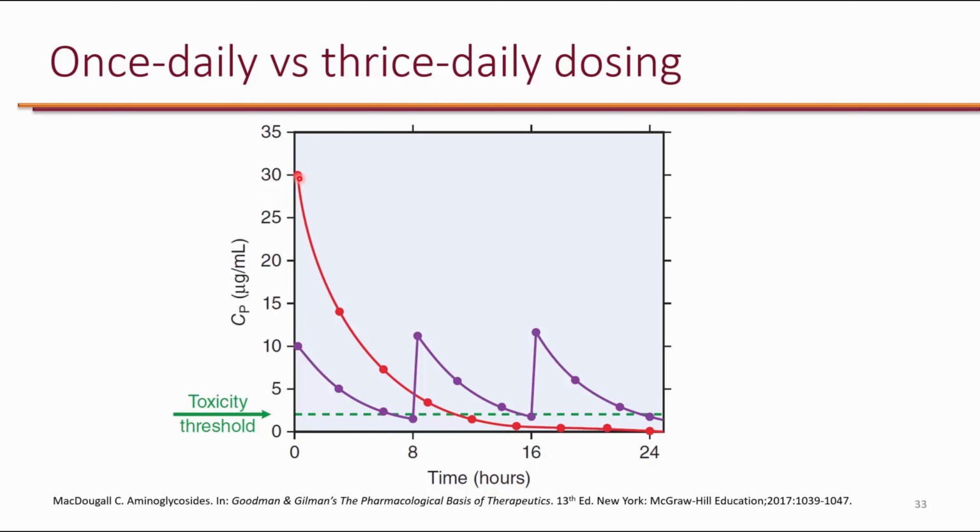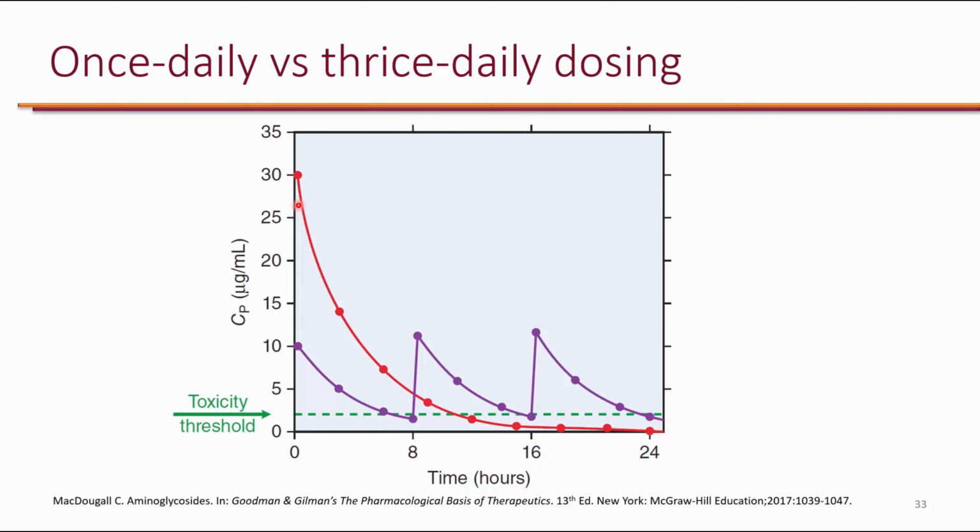So, when you have a very large peak, for sure you're gonna have your efficacy. And then because you only do it once a day, that's gonna give you 24 hours for the levels to drop and then go below the toxic range. And then because of the post-antibiotic effect, it's okay to wait until the next day to give the next dose.